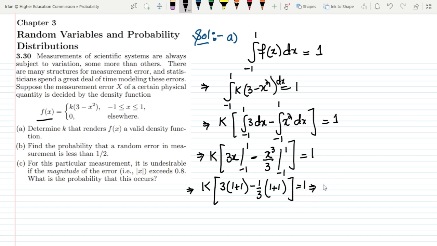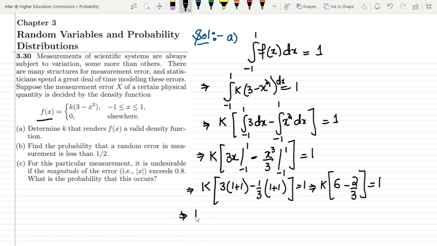Let me do it again here. It will be 6 minus 2 by 3, so 2 by 3, and it must be equal to 1.